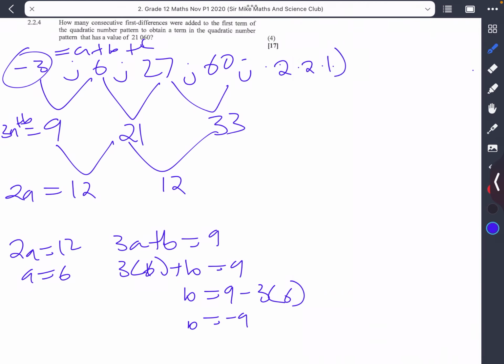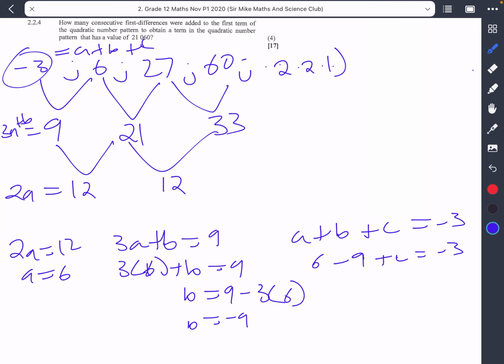Of course, to get c, we take a plus b plus c, which gives us, actually not 0, that would actually give us negative 3. So in this case, a was 6, b was negative 9, plus c would give us negative 3. Then negative 9 plus 6 gives us negative 3.